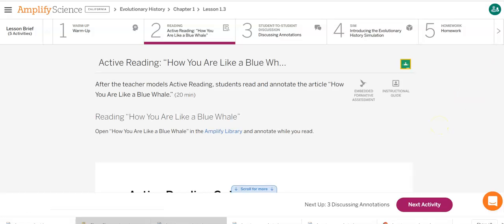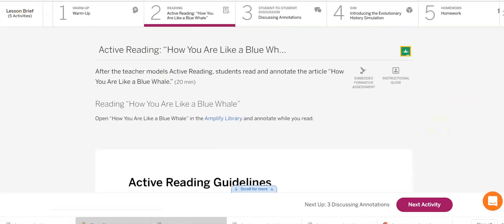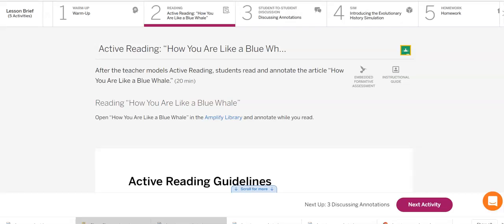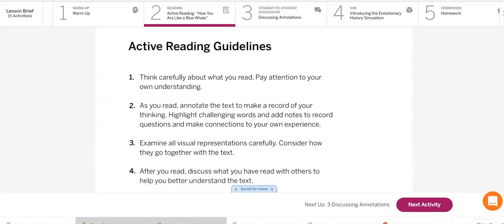Now we're going to talk more about your annotation. We are going to do some reading and annotating about how you are like a blue whale. So let's do some active reading guidelines real fast. I want you to think carefully about what you read. Pay attention to your own understanding.